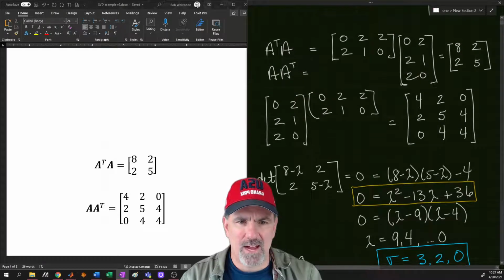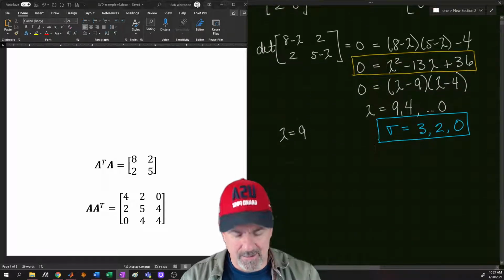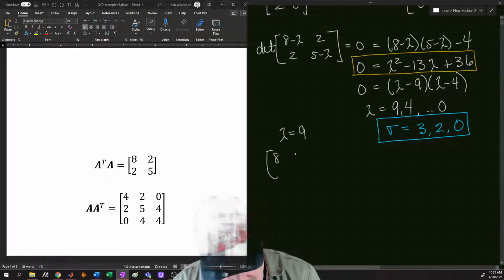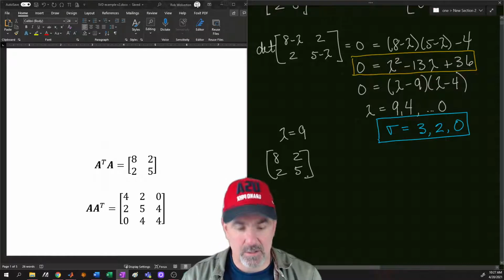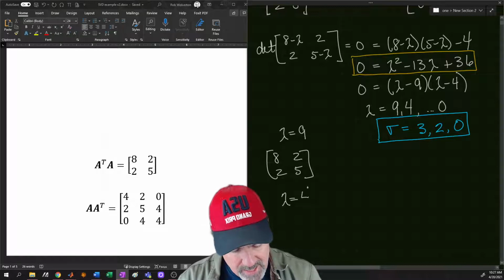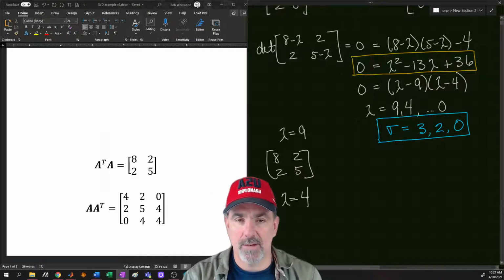We write down what I have. I have an 8, 2, 2, 5. So our matrix is 8, 2, 2, 5, and we need to find the eigenvector for 9 and the eigenvector when the eigenvalue is 4. Go ahead.